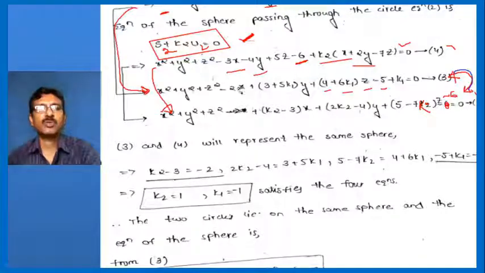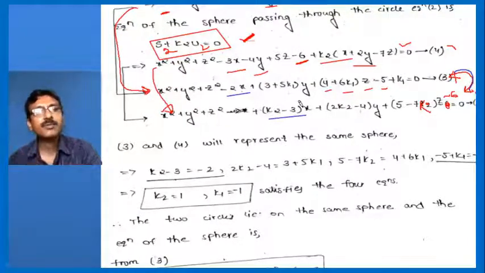Here it is minus 2, and here it is k2 minus 3. So k2 minus 3 equal to minus 2, comparing these coefficients. The y coefficients: 2k2 minus 4 equal to 3 plus 5k1.